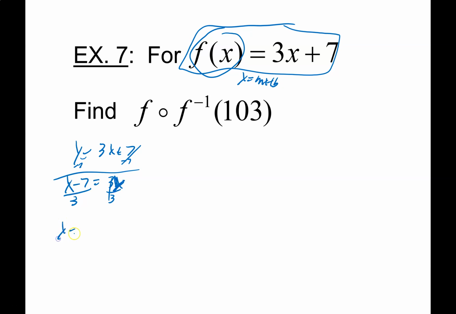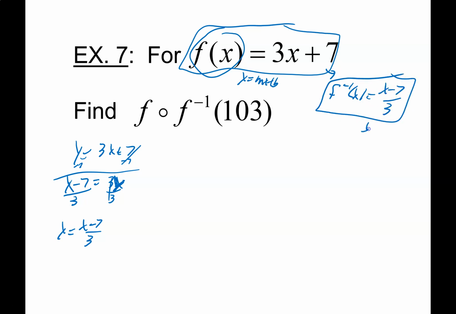So I get y equals x minus 7 over 3. Or in other words, here's f of x. We got f inverse of x to be x minus 7 over 3, which is also a line. It's the same as saying 1/3 x minus 7/3. So it is also a line. It is also 1 to 1. So no domain restrictions are needed.